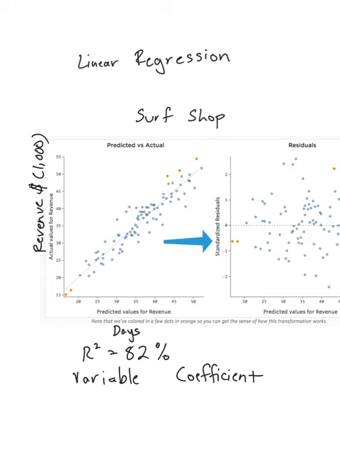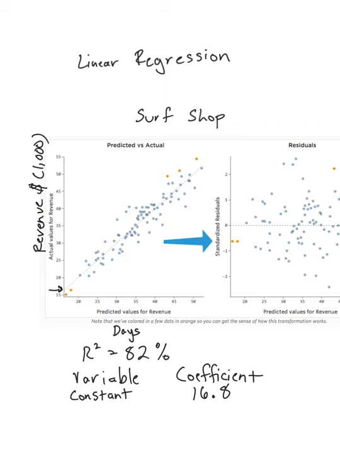Our variable, first let's find our constant. Our constant is always going to be where our predicted line starts out. So our dotted line here, this right there is our constant. Let's say that is 16.8, our constant there.